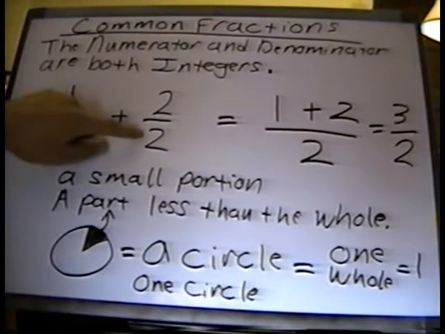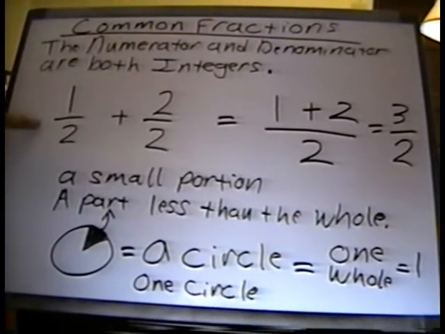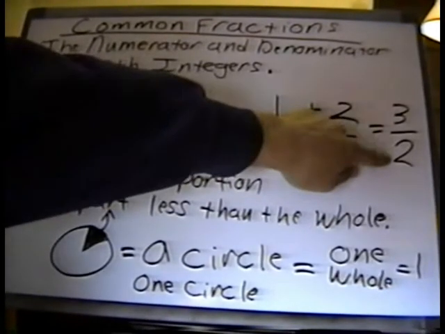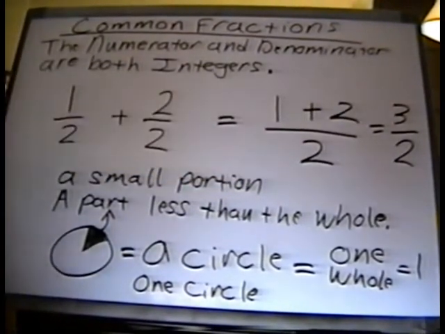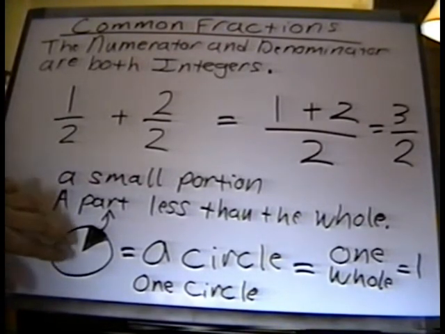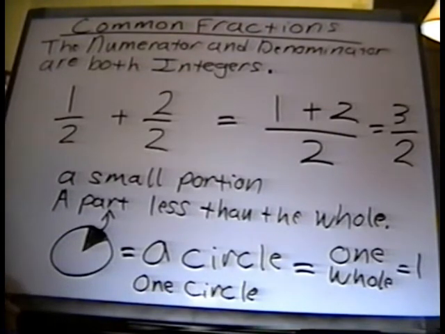So the denominator of a fraction represents how many times the whole is evenly divided. The denominator tells you how many times the whole is evenly divided.